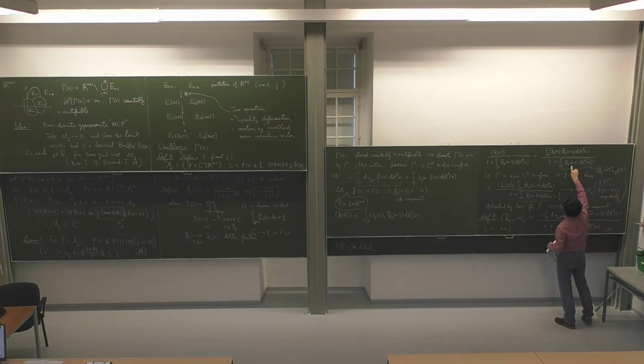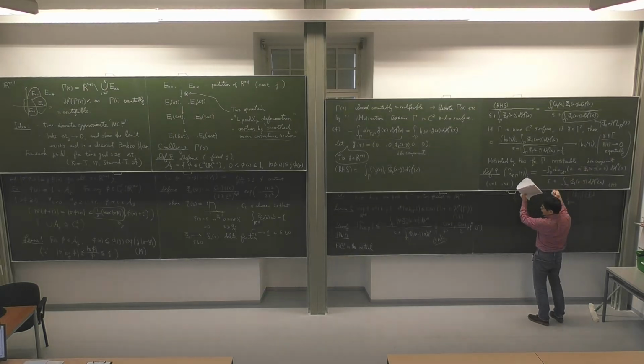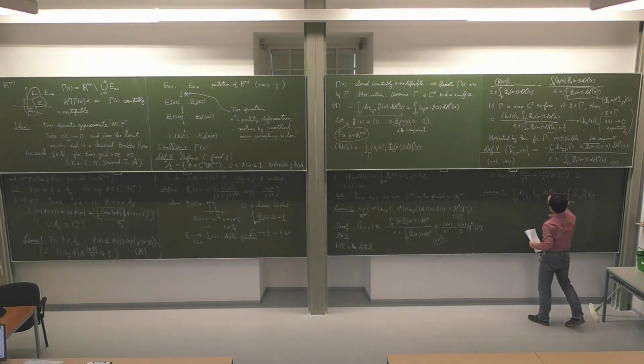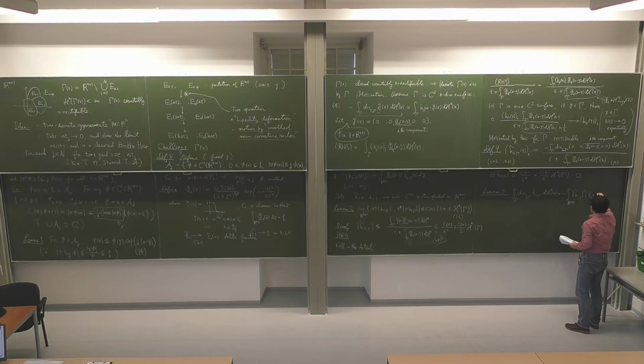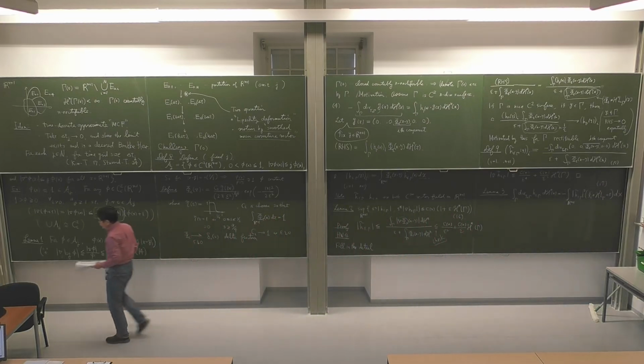When I write this, it means this guy. I hope that's clear. So let me use that notation. H^n of gamma plus epsilon. Okay, so that's number 17. This is a very nice formula.